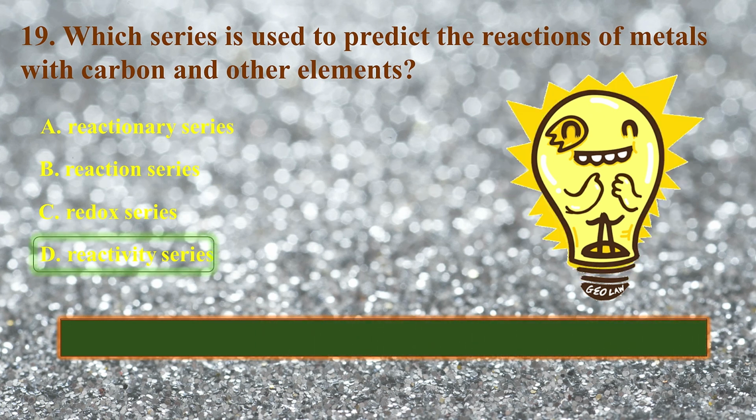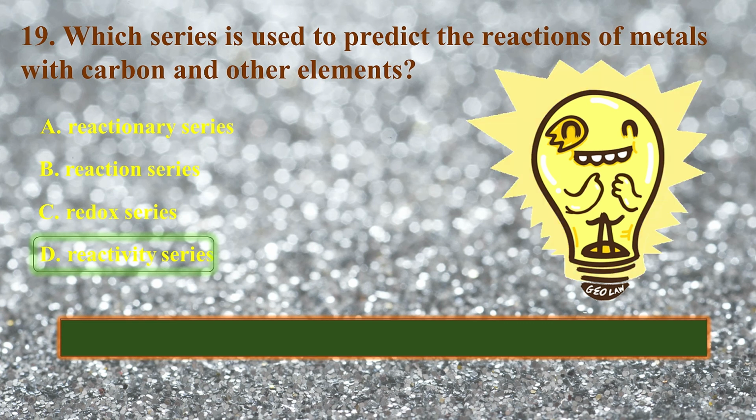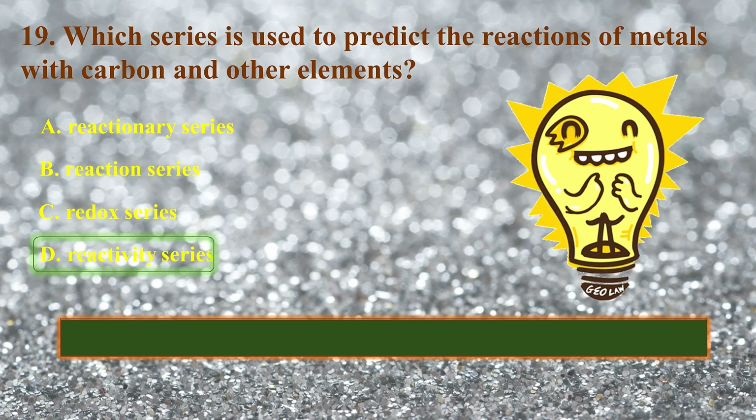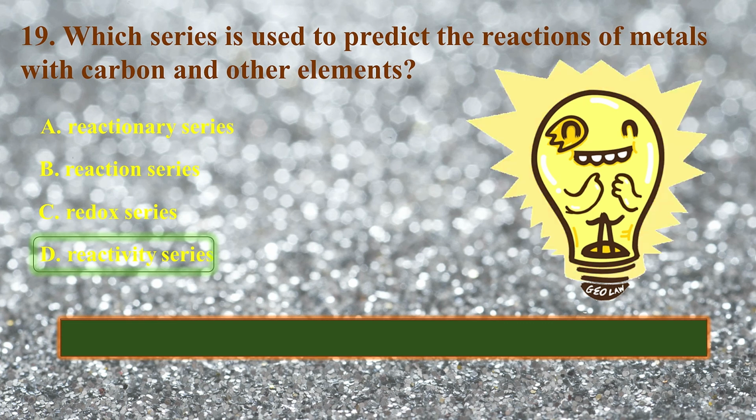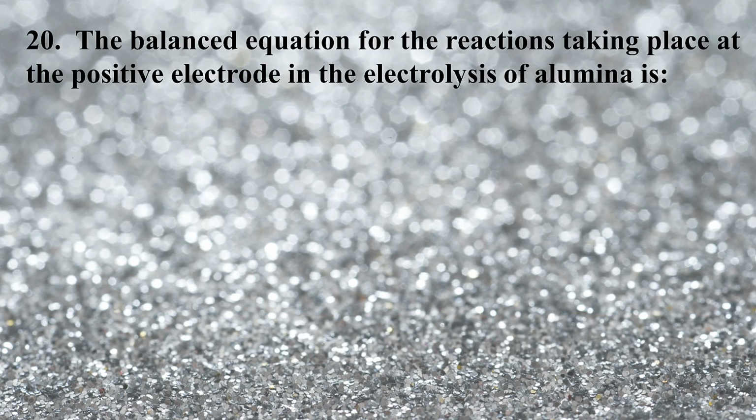And correct answer is D, reactivity series, because in this series all metals are arranged on the basis of their reactivities. Last question of this quiz is, the balanced equation for the reaction taking place at the positive electrode in the electrolysis of alumina is?